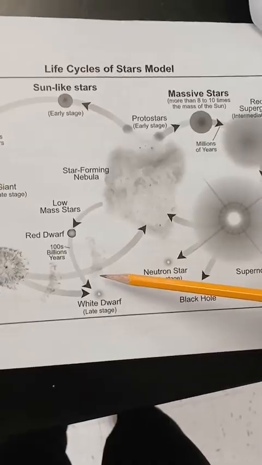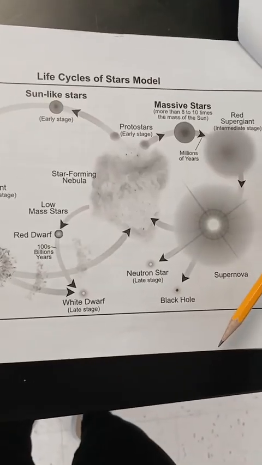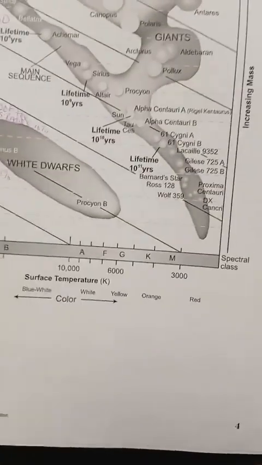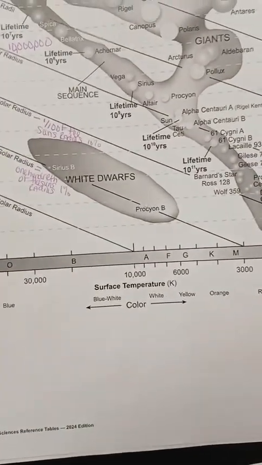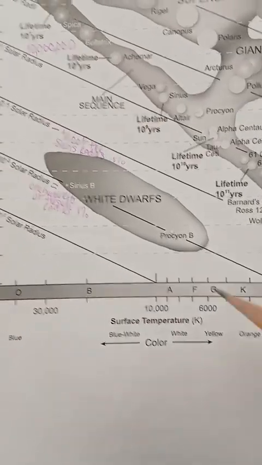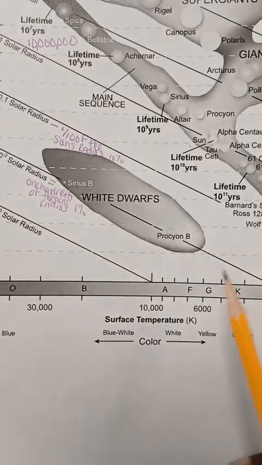All right, so I'm going to look on my Earth Science reference table, and I am going to look for a white dwarf star that will most likely go through the same life cycle as our sun. So I can either pick Procyon B or Sirius B. Either way, I will get this answer correct.